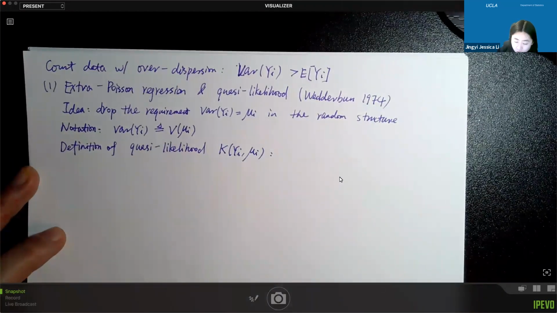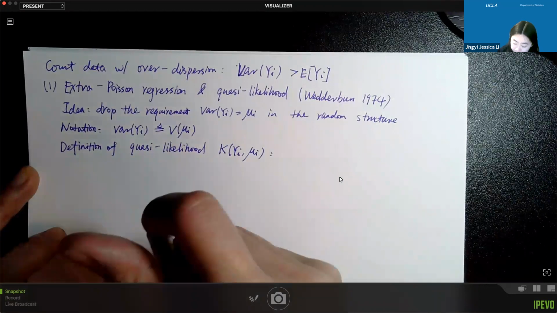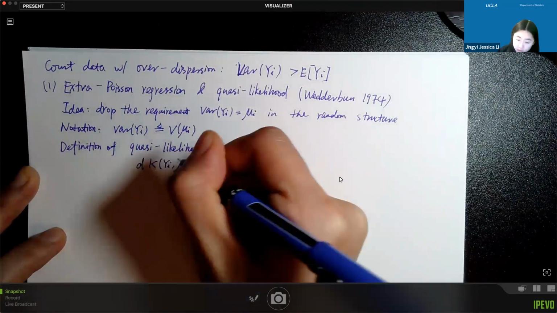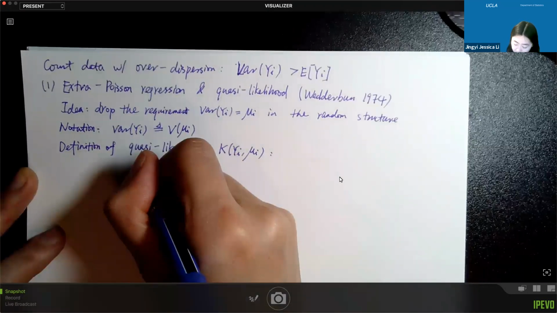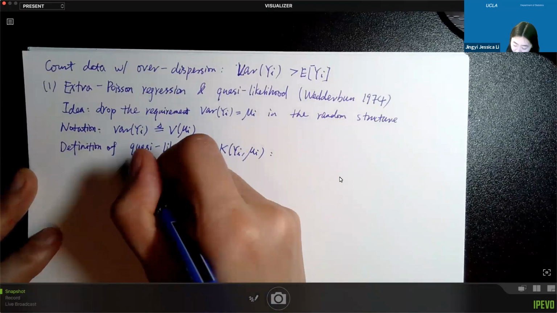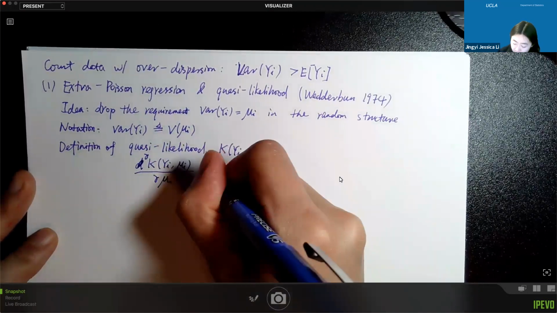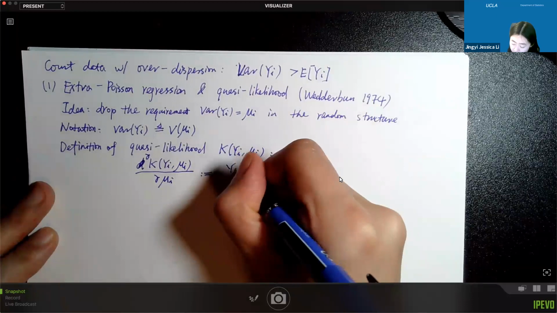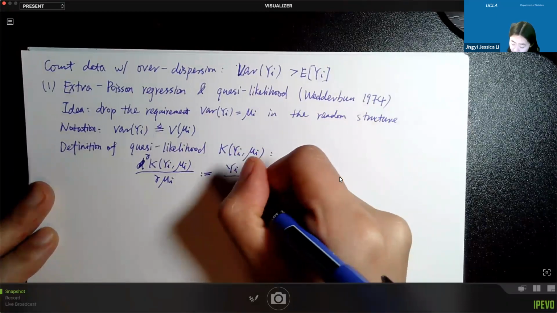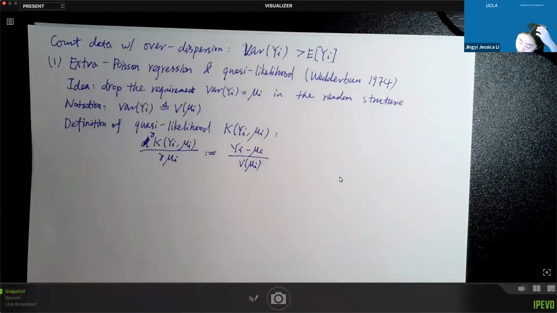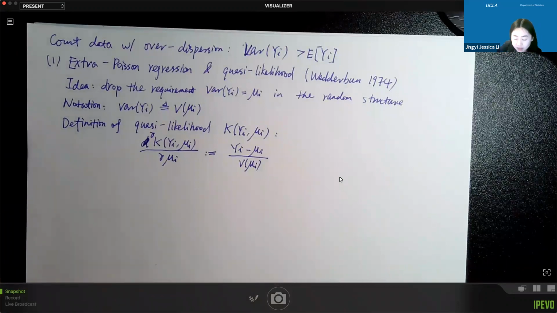So we define the quasi-likelihood by the derivative, or I should probably write partial. Yeah, I think that's better because I have yi here. Partial k(yi, mu_i) over partial mu_i is defined to be (yi minus mu_i) over v(mu_i). Okay. With this definition, we can say the function k is a quasi-likelihood. In other words, as long as the function k satisfies this, you say it is a quasi-likelihood.